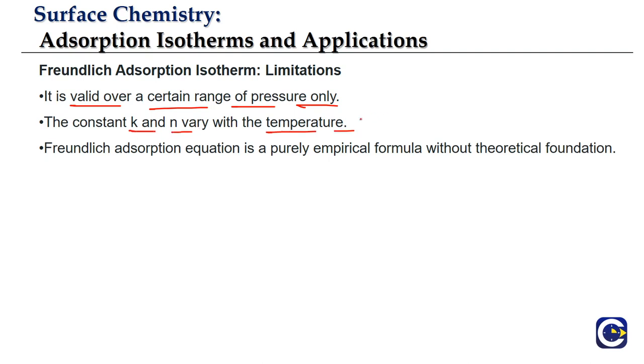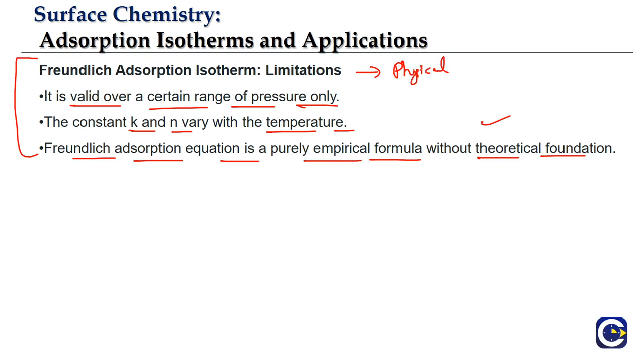For this also there is no theoretical explanation as to how or why they are changing with respect to temperature. And the Freundlich adsorption isotherm, as we have been talking about, is a purely empirical formula. So the theoretical explanation for the change in the value of n is not being provided. And this one is mainly for physical adsorption. So these are the limitations of the Freundlich adsorption isotherm.